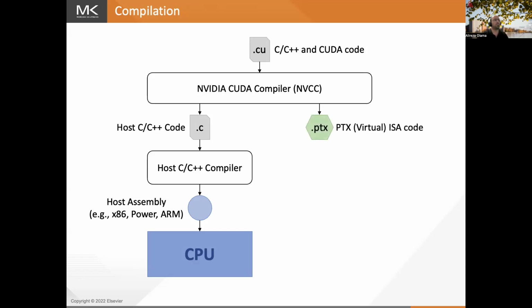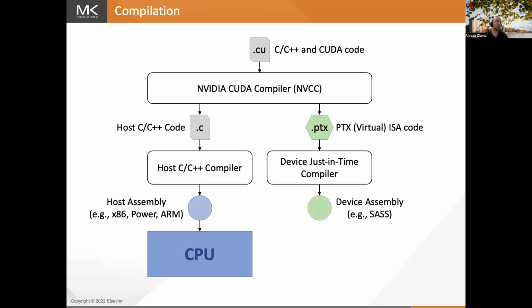And in the GPU part, you first compile your program into .ptx files, and then you have a just-in-time compiler that compiles these PTX files into device assembly, and finally an executable that can be run on your GPU.